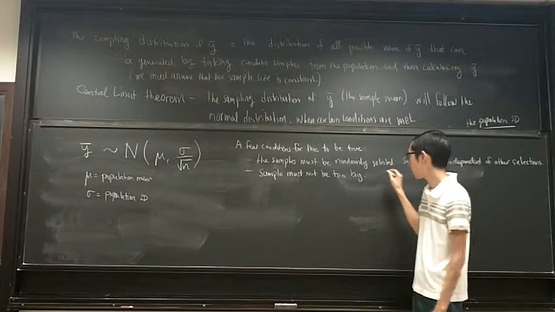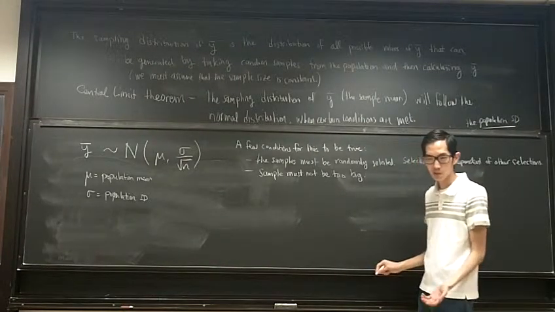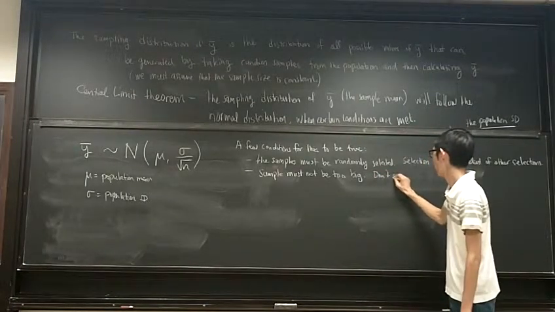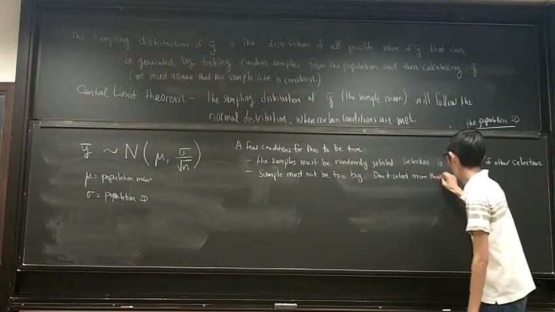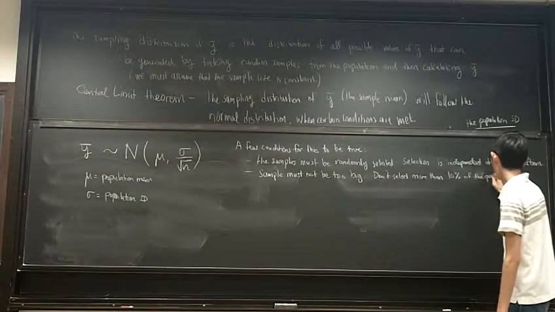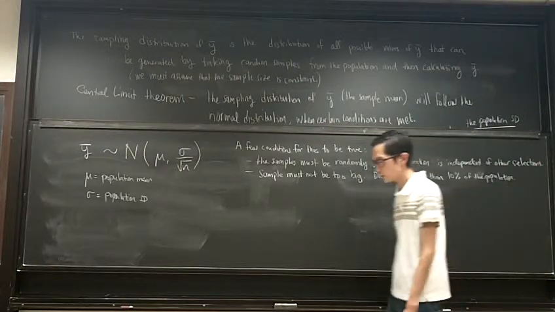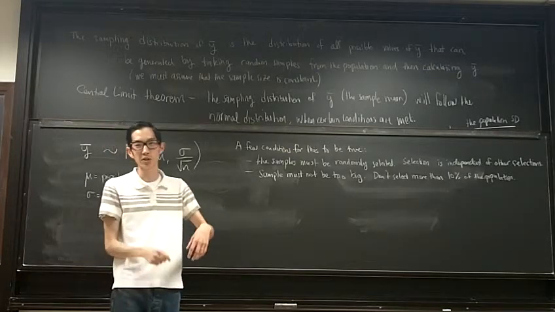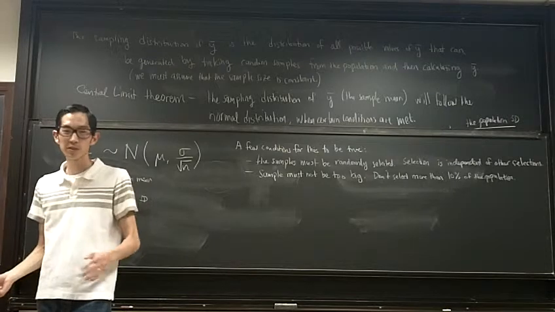For too big, the general rule is don't select more than 10% of your population. Because once you select more than 10% of the population, it starts to look different, right?